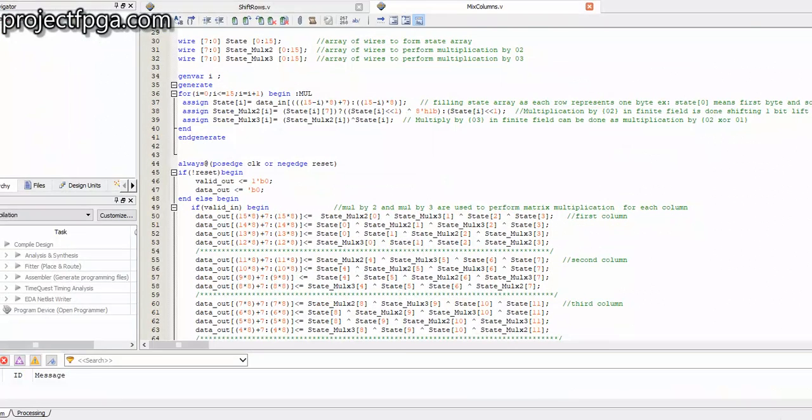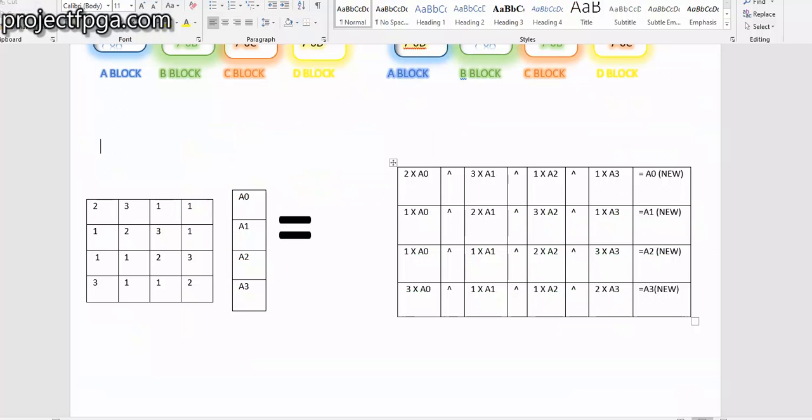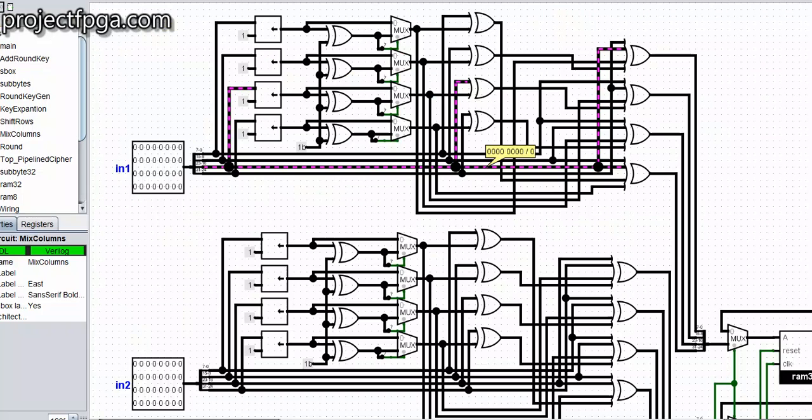And then finally we have this one here, A3 multiplied by 1. Remember that multiplication by 1 means leave it as it is. So this is A3 untouched. You can see it went to the first 4 input XOR.